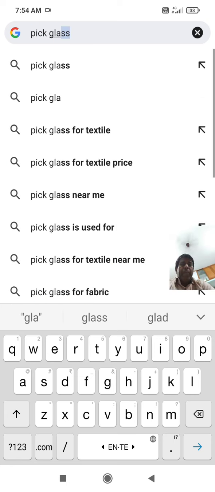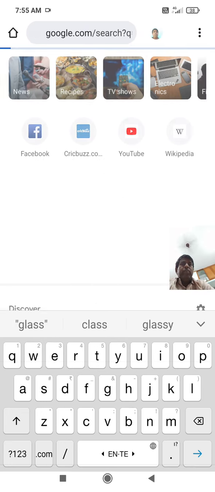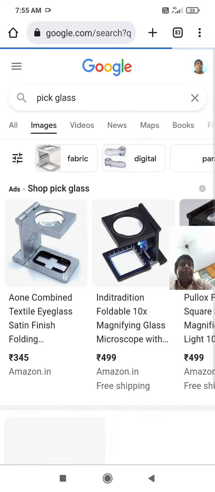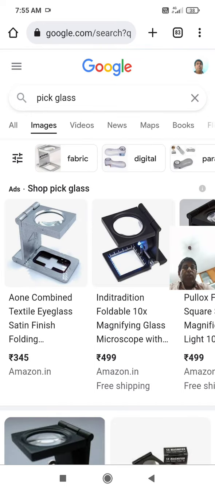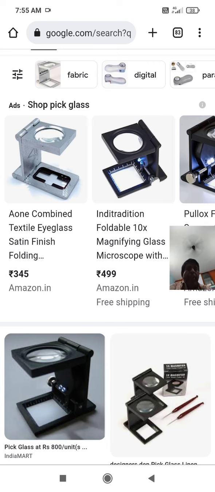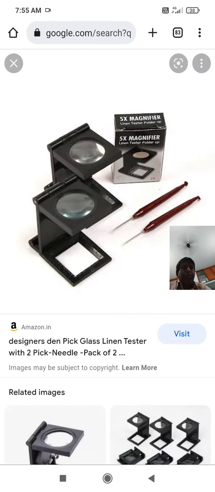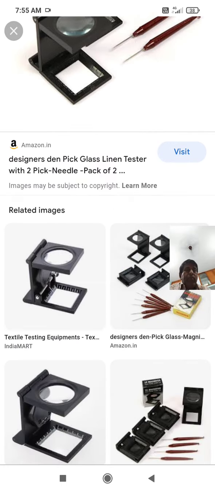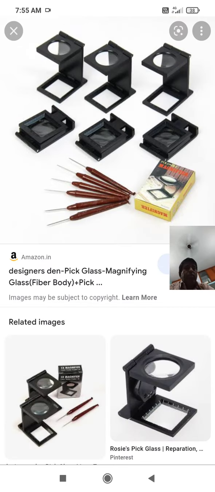All of you know about the pick glass, but I will just show it for 1 second. So dear students, this is a pick glass. With the pick glass we can find out ends per inch or picks per inch.